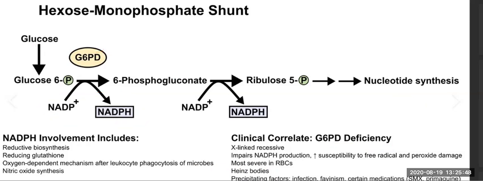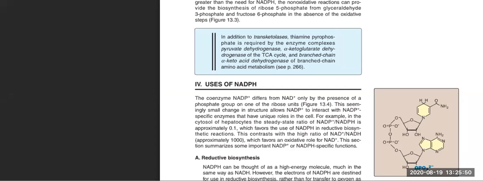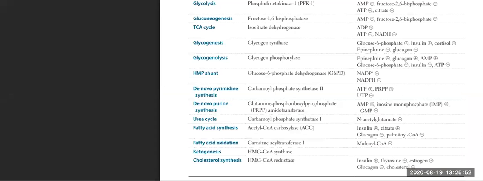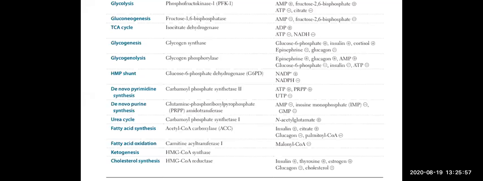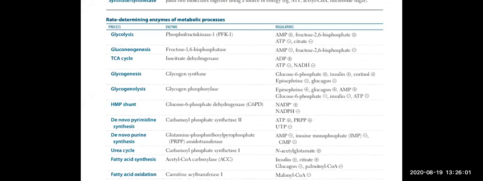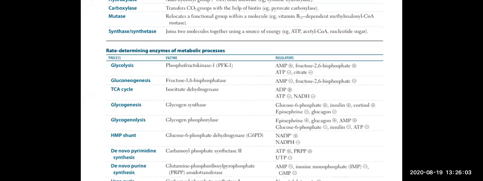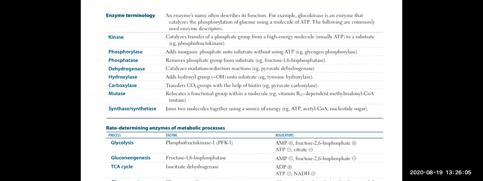So now let's go back to our First Aid. We are finally done with our enzymes, and there were two enzymes that were left, mutase and hydroxylase. The name hydroxylase is just telling you to add a hydroxyl group, simple as that.